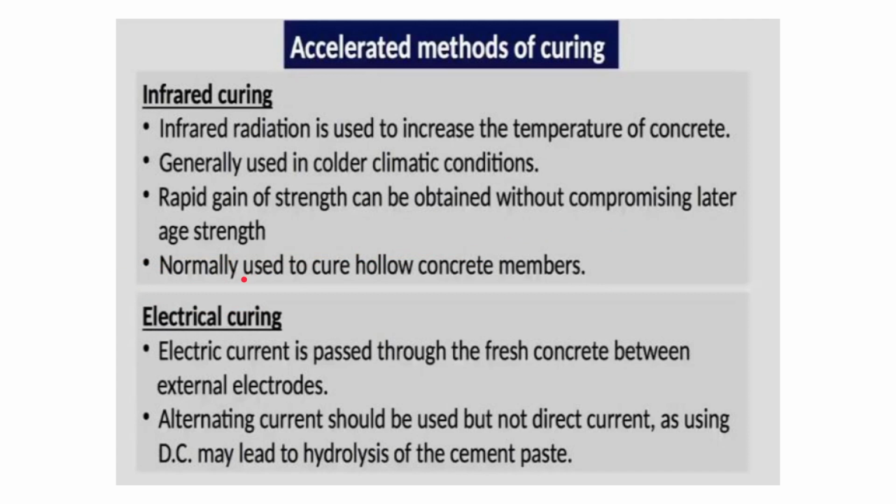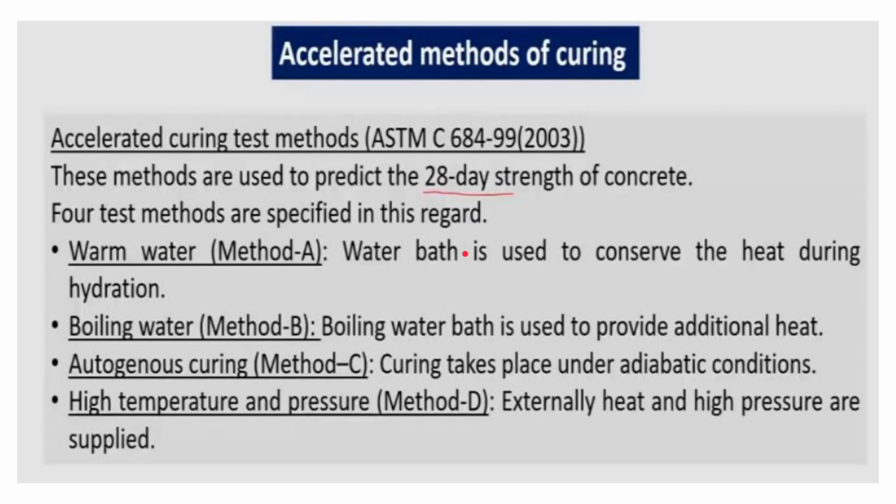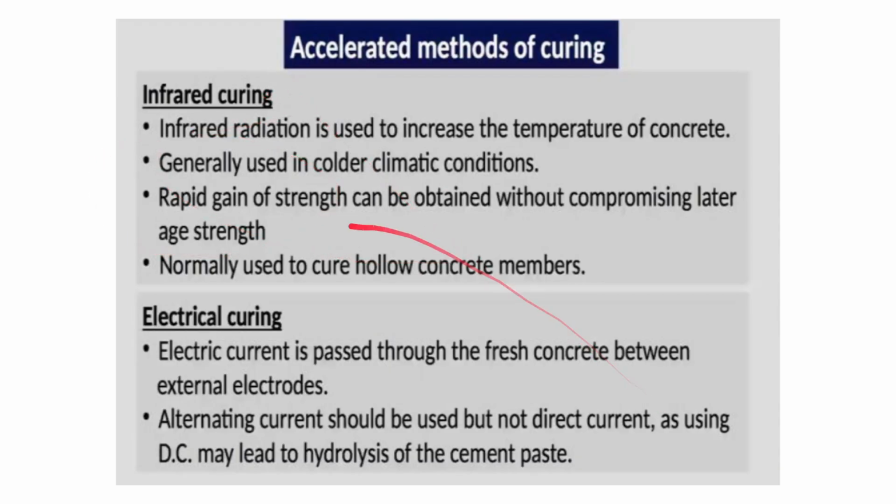It is normally used to cure hollow concrete members, because you can go inside the structural component or concrete section and pass the radiation into the surface. That is the advantage of infrared curing when using hollow concrete members.